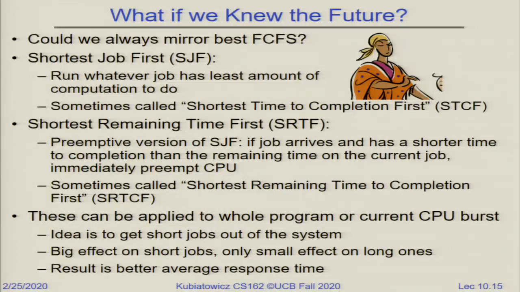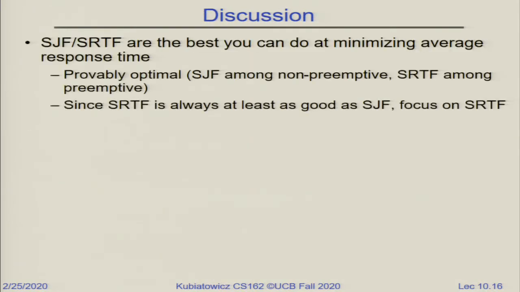If you really know the future, and if you've got lots of short jobs, you might have a problem. Now, SJF or SRTF are the best you can do at minimizing average response time. It's provably optimal: SJF among the non-preemptive and SRTF among the preemptive ones. And since SRTF is always at least as good as SJF, we're just going to talk about SRTF.